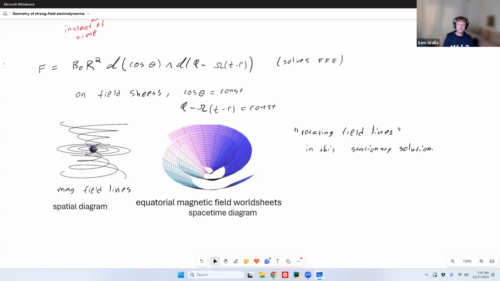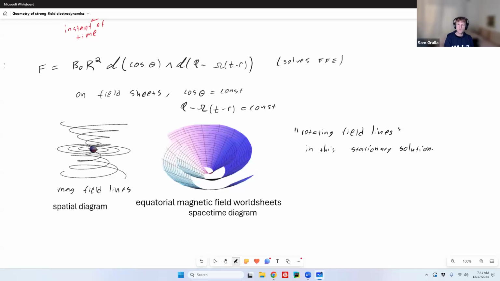Everything is time independent in this solution. There's a t here in this potential, but when you take dt, it's just a component of the form. So it's this stationary magnetic field configuration. But in this sense, the field lines are actually rotated. And you can make that precise with this magnetic field sheet idea.